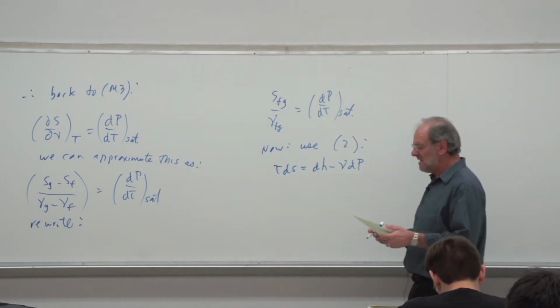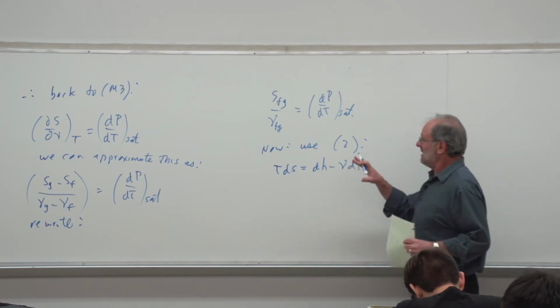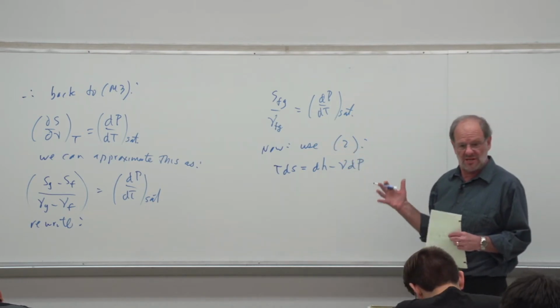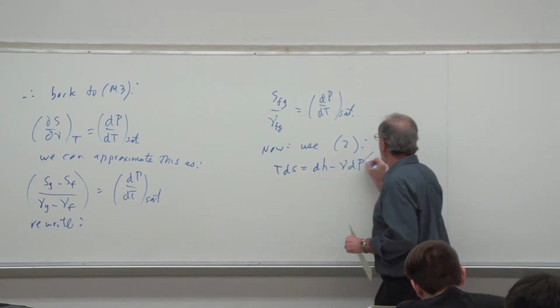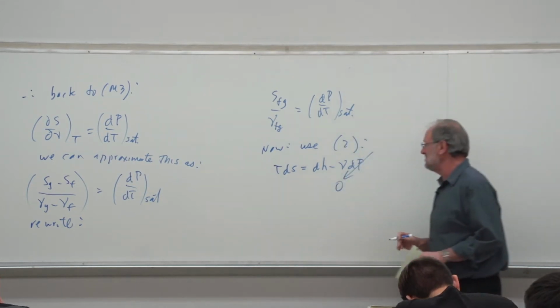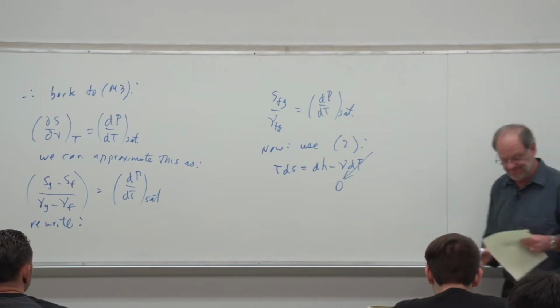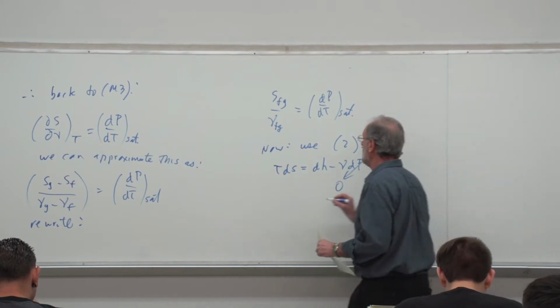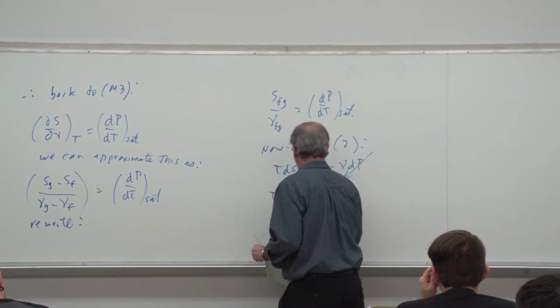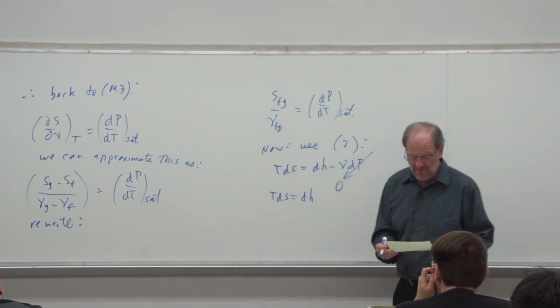Now let's keep in mind that this is an isothermal phase change, right? If there's no change in temperature, there's also no change in pressure. So this dP term has to go away. No change in pressure, dP is equal to 0. So therefore, TdS is simply equal to dH.